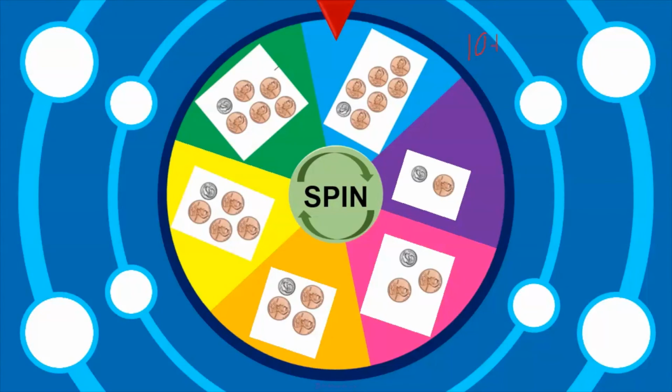So 10 and 6 is equal to 16. I can check that by counting. 10, 11, 12, 13, 14, 15, 16. So when I spin, I can write down my dime and my pennies in an equation to record how much we have altogether.